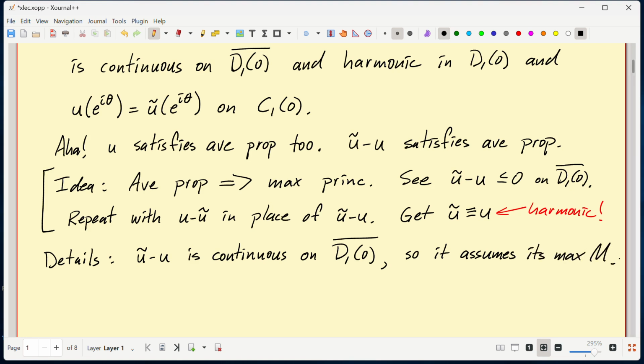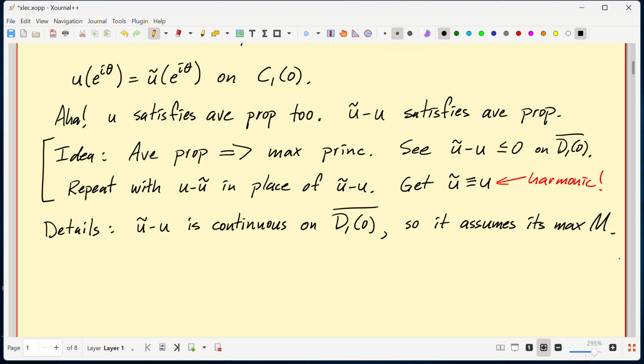Call it M. Well, it's 0 on the boundary, so maybe we want to see that M is less than or equal to 0. Well, let's assume that M is bigger than 0.